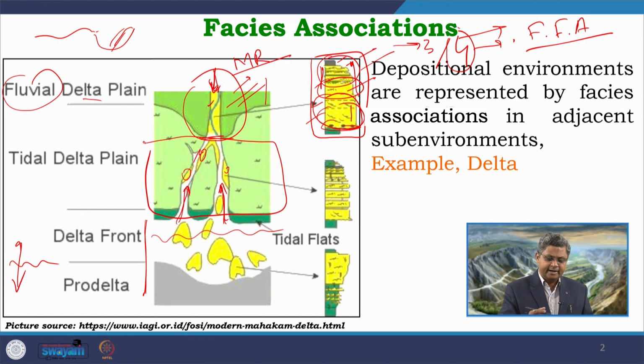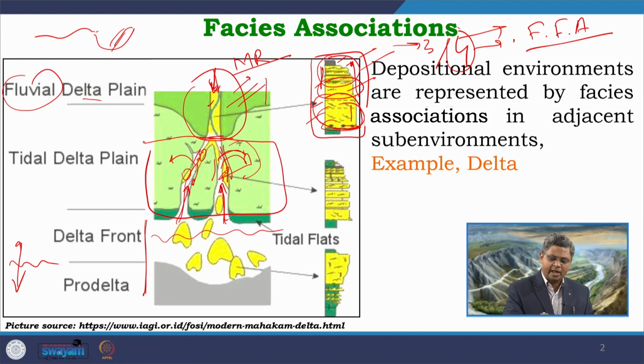And not only that, when this high tide water is coming in, it is covering up the river channel, and many times water will flood over here. So, we get more frequent flooding events, and due to those flooding events, very commonly we get natural levees formed along these zones. So, during high tide condition, water will spill over here, and then this water cannot come out during the low tide condition.